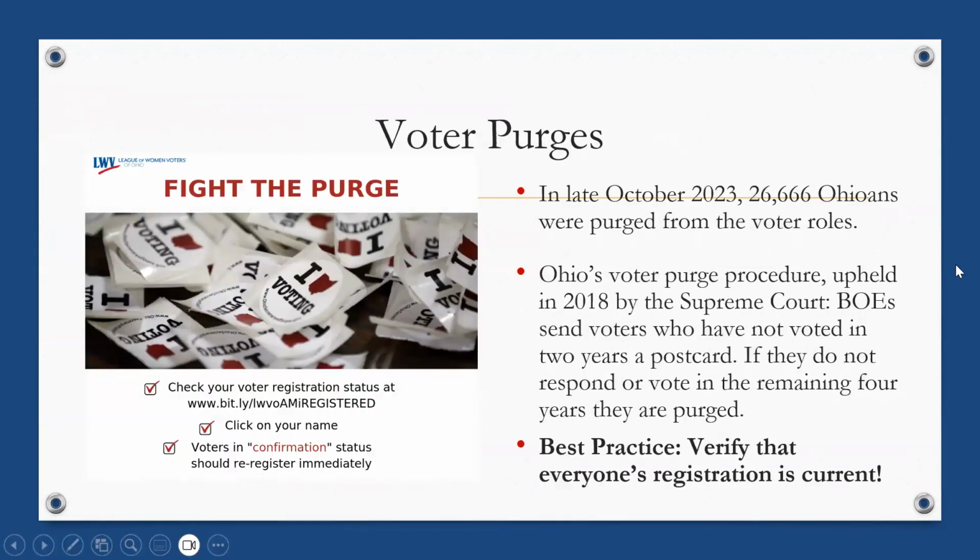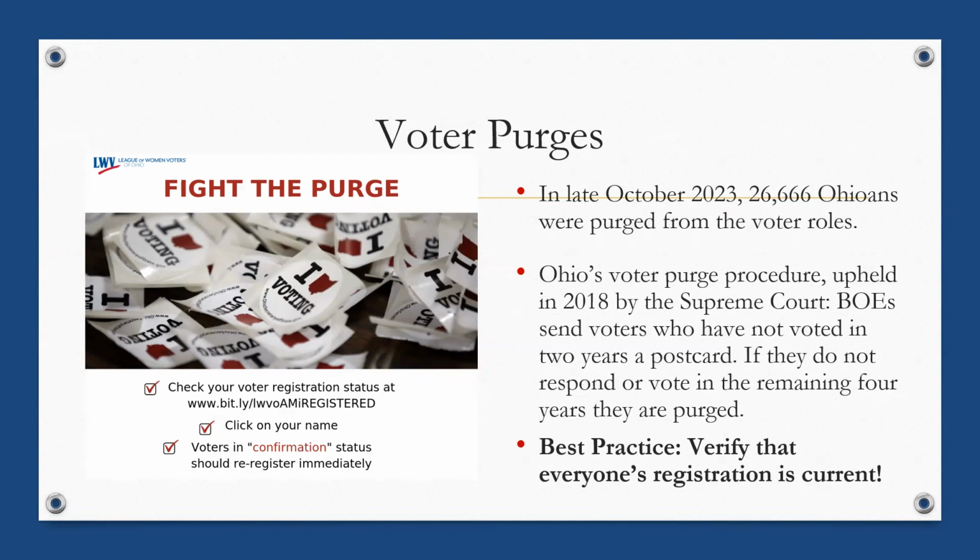Okay, so voter purges. We talk about this because this is a good way to introduce the idea of needing to check your voter registration and getting into that conversation of registering voters when you are at community events or on college campuses.